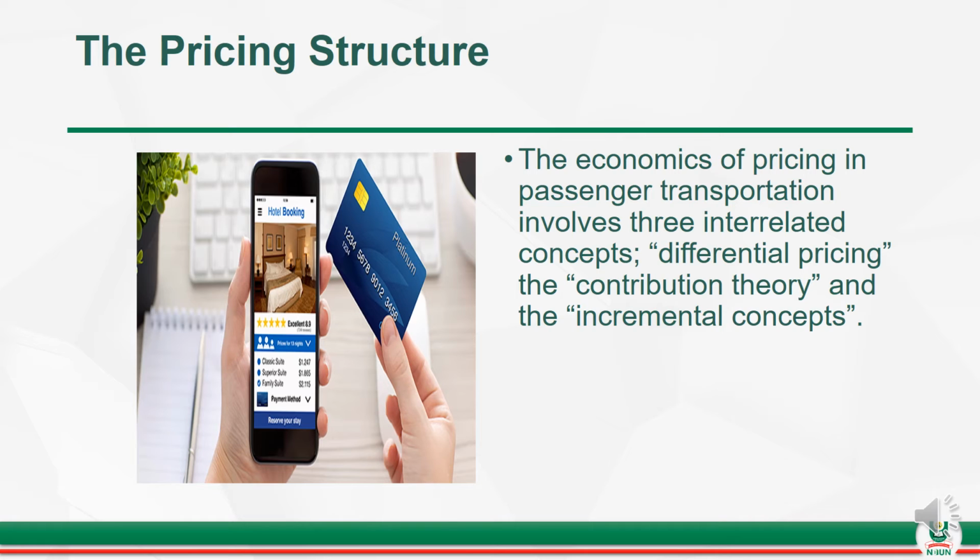The implication here is that the firm has what is called differential pricing, and several classes of services are supplied, each slightly different from the other and each at a separate price.